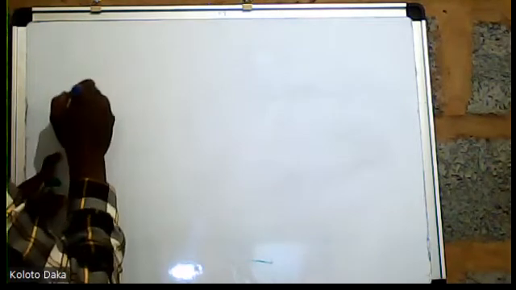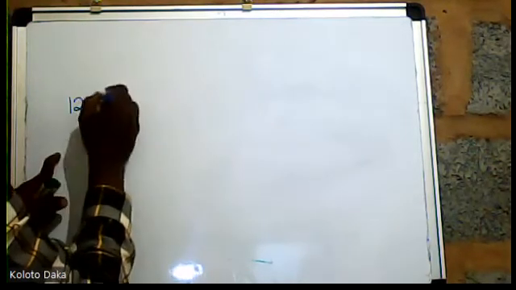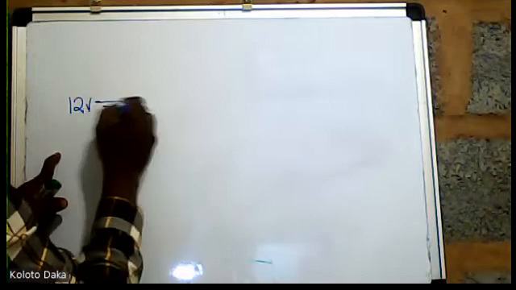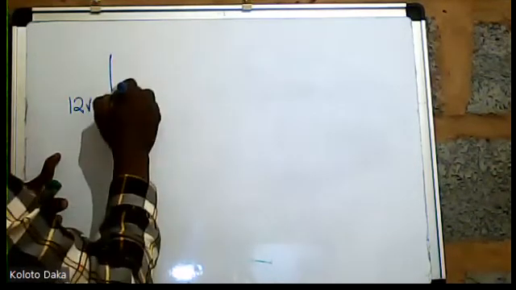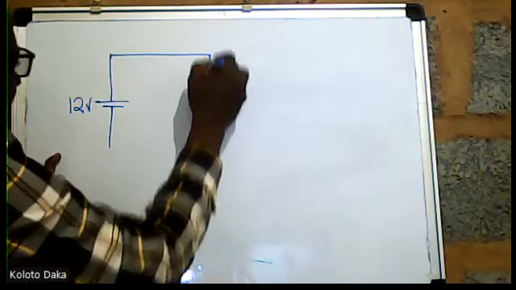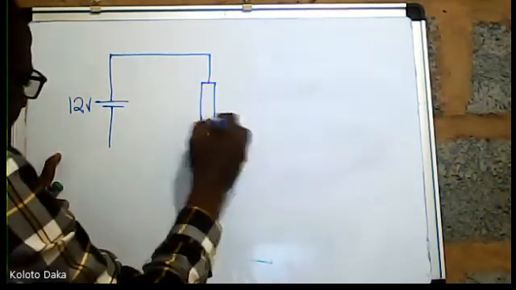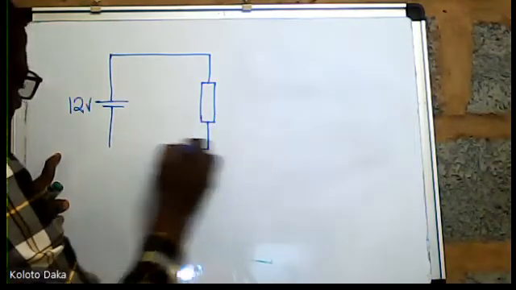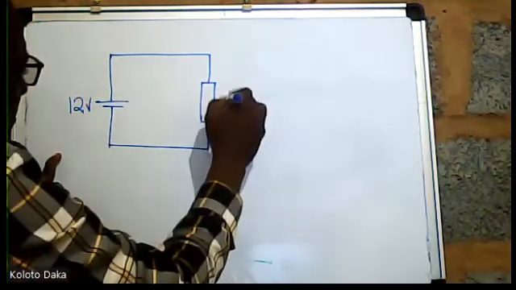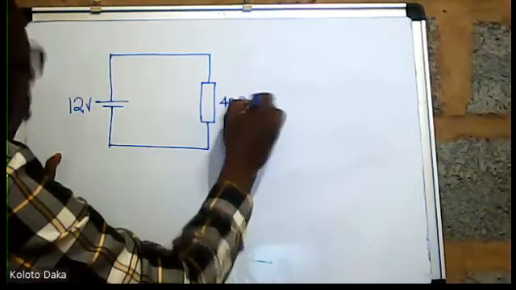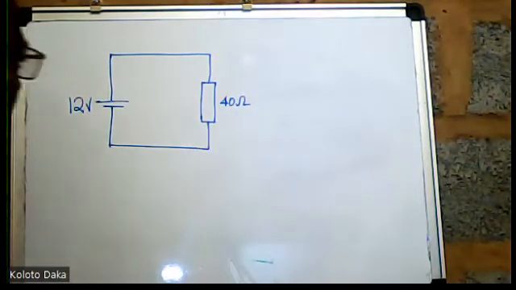So we have 12 volts battery connected across a load having resistance of 40 ohms. That is all. That's a circuit.